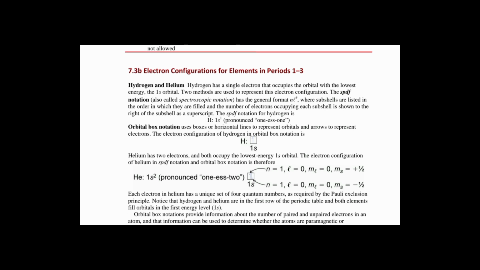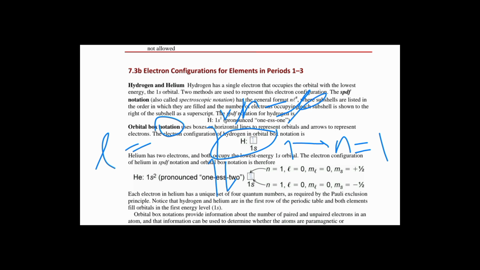Hydrogen and helium: electron configuration for periods 1 to 3. Hydrogen has a single electron, so we write the orientation of hydrogen like this, 1s, and for helium we write it like this. We have the other quantum numbers. For hydrogen, n is equal to 1, l is equal to 0 for this electron, and the magnetic quantum number is also 0, and the spin is positive 1 by 2.